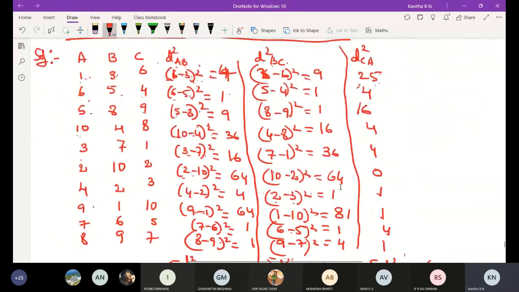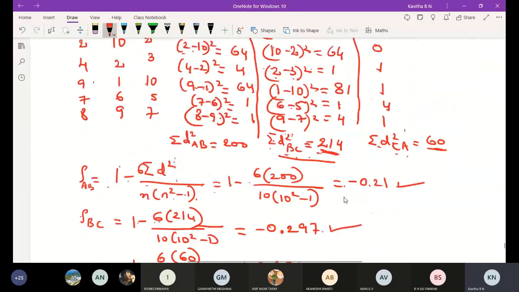Okay, yes, observe here, rank of AB is minus 0.21, rank of BC is minus 0.297. Both are near and also both are negative. Then rank of AB and rank of BC are negative, which means that their tastes are opposite. Okay, but rank of CA is positive and is near to 1. It is a perfect correlation.